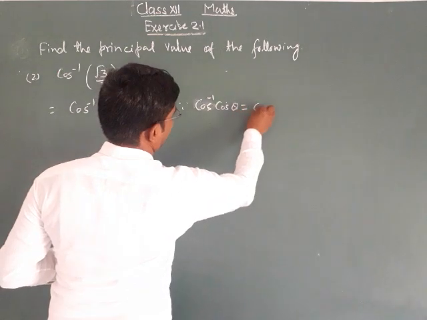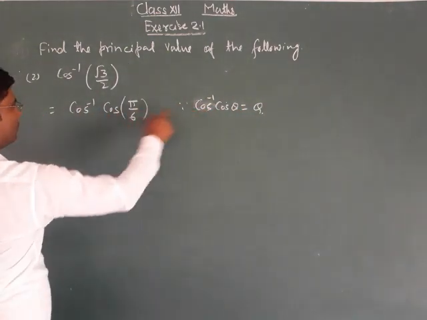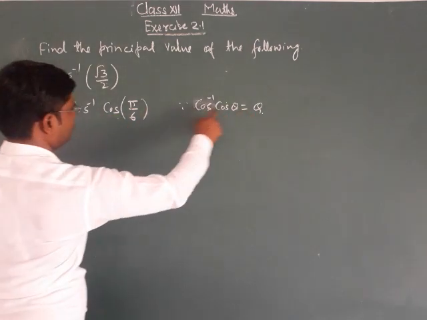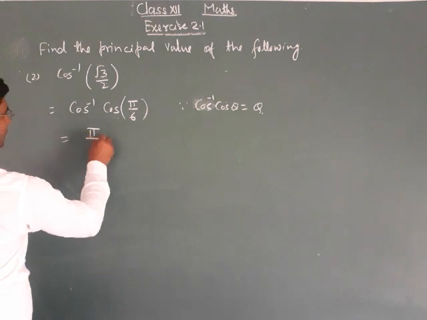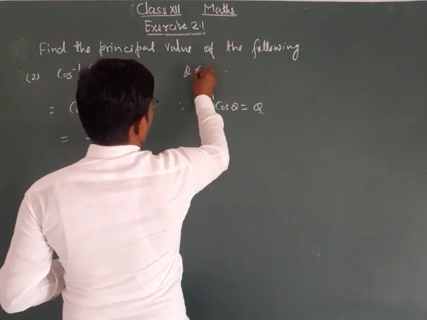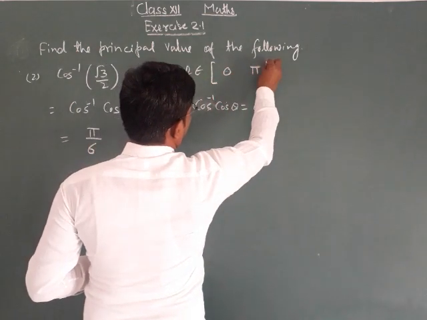Cos inverse cos theta is equal to theta, so we get pi by 6, and theta belongs to 0 to pi.